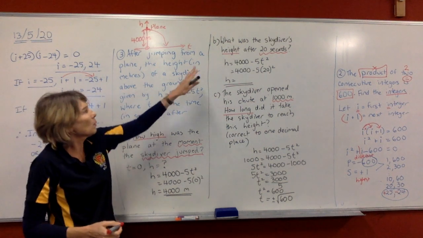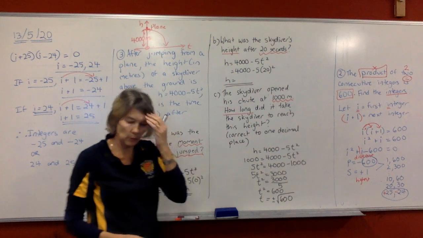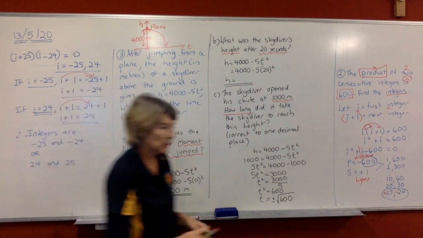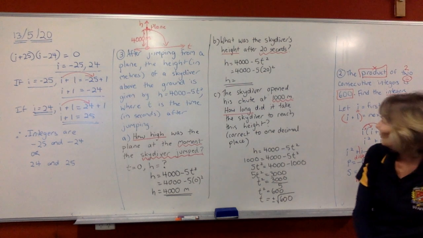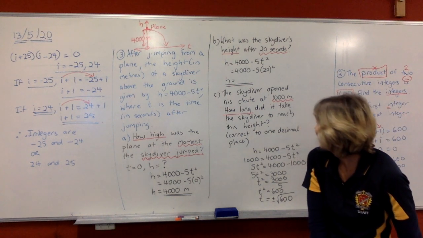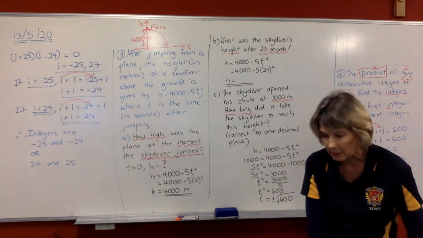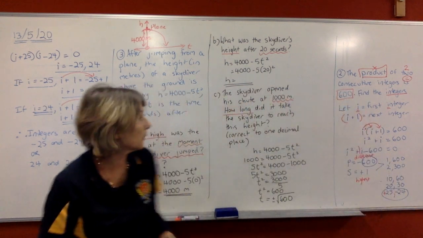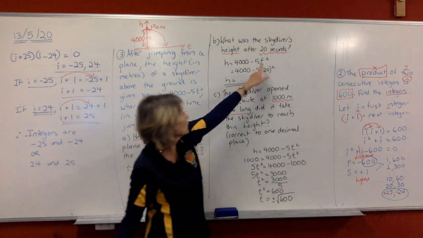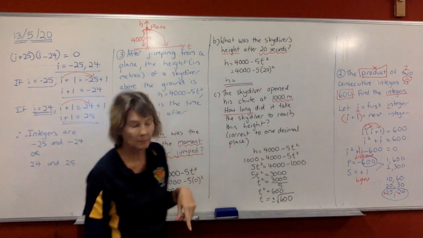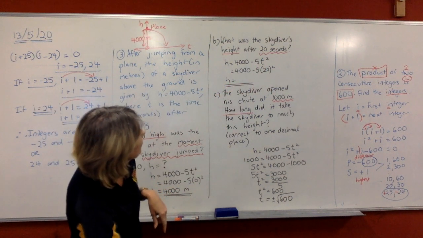Okay, in B it says, what was the skydiver's height after 20 seconds? I haven't worked this one out, so I'll just get my calculator. Oh, we could possibly work this out ourselves anyway. All right, so we've got 20 seconds is the time, so you can put 20 in for t, and we're just going to put all of that in the calculator.